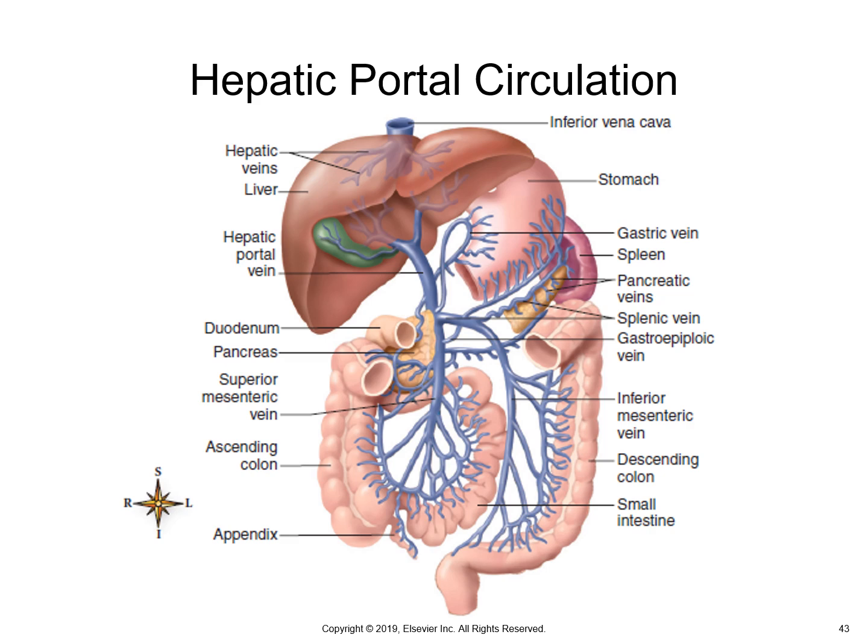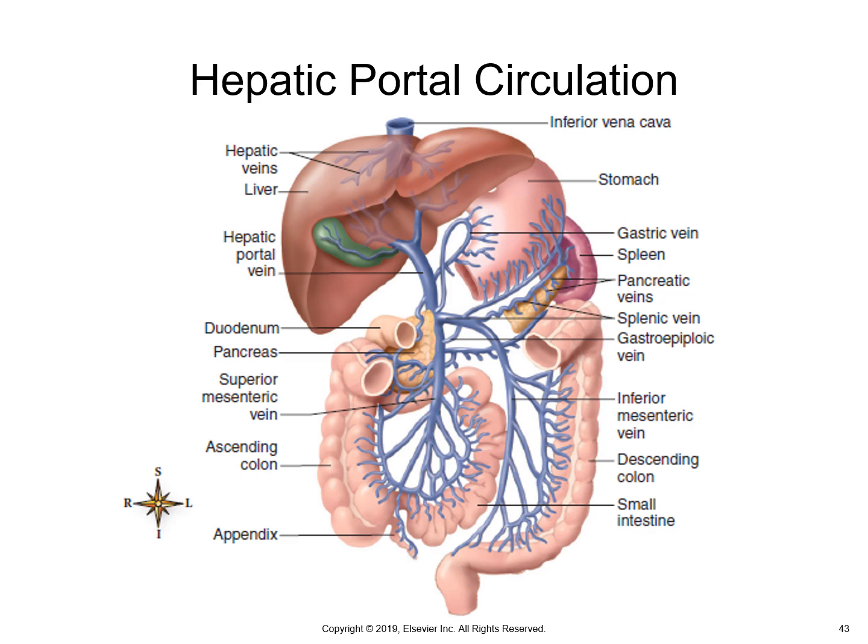So the hepatic portal vein basically delivers nutrient-rich but deoxygenated blood from the digestive tract, the pancreas, the spleen, and also the gallbladder to the liver so that it can process it before it enters our systemic circulation.